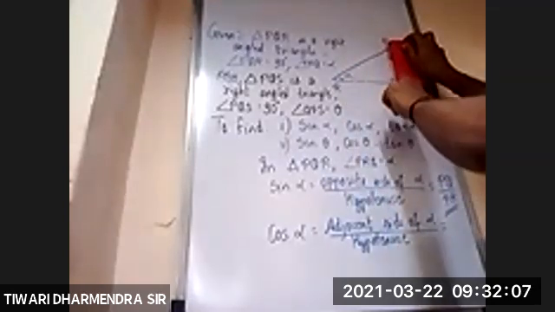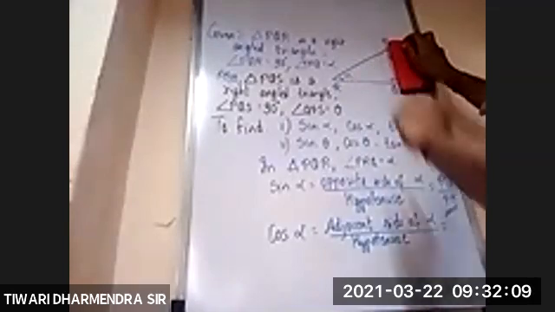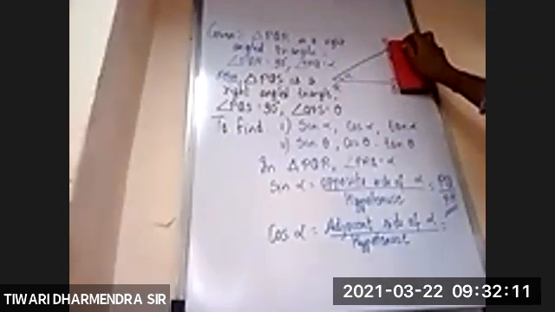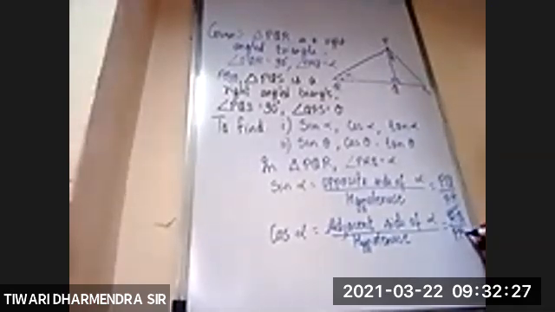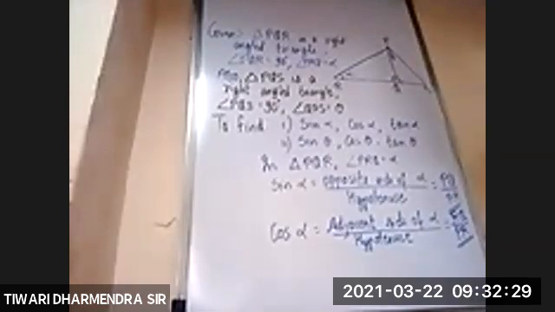PR is nothing but opposite to 90 degrees, so it is the hypotenuse. So we'll be considering adjacent to be RQ. So adjacent side of alpha is RQ divided by hypotenuse, which is PR. So even this part is done.